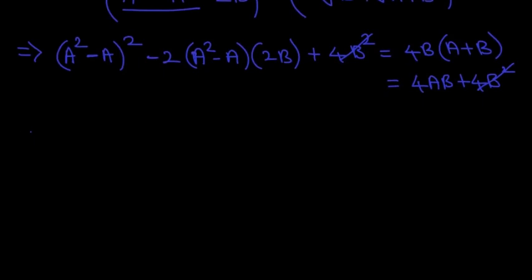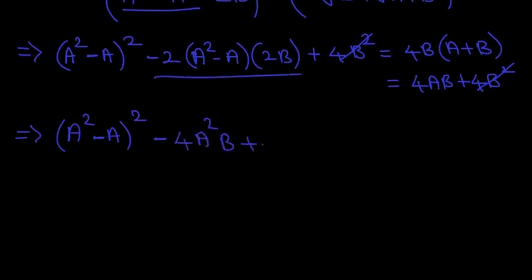So we have A square minus A whole square, expanding this, minus 4A square B plus 4AB is equal to 4AB. 4AB cancel out.